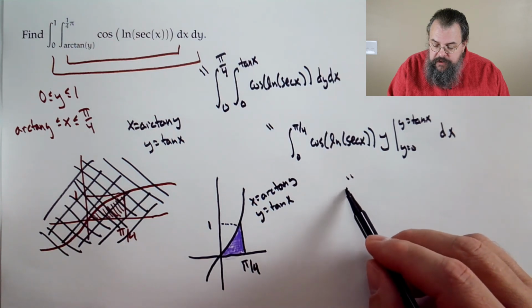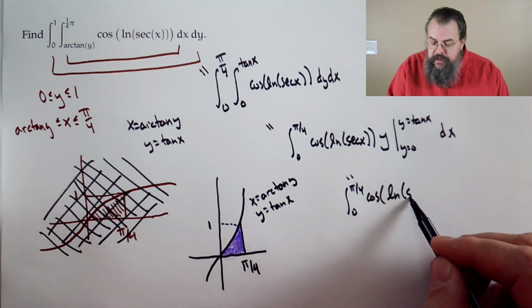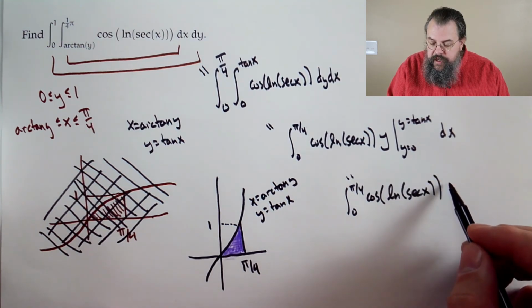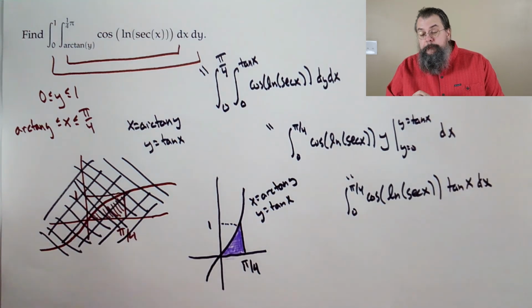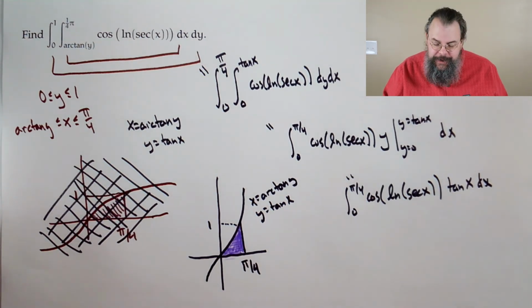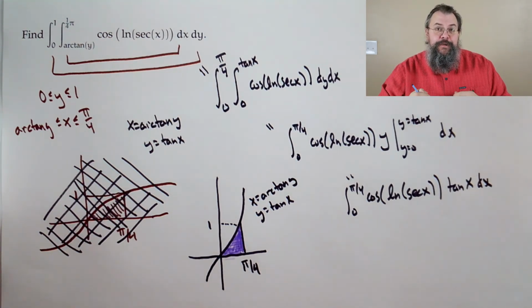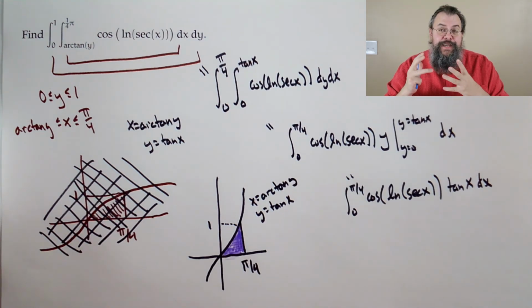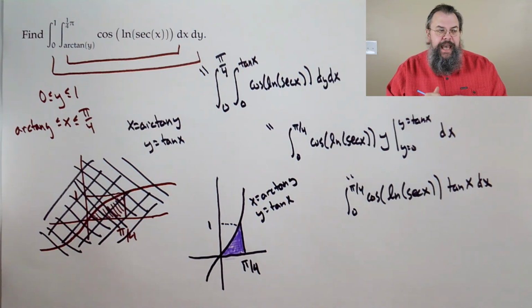So we end up with the integral from 0 to pi over 4 of cosine of log of secant x times tangent of x dx. Now, can we integrate this one? Well, yes, we can. It looks bad, but look at that tangent of x. This is one of the things that often happens with these types of problems: we couldn't do it before, but now we can, because the new piece that we've added on the outside is just what we needed, just the missing gap.